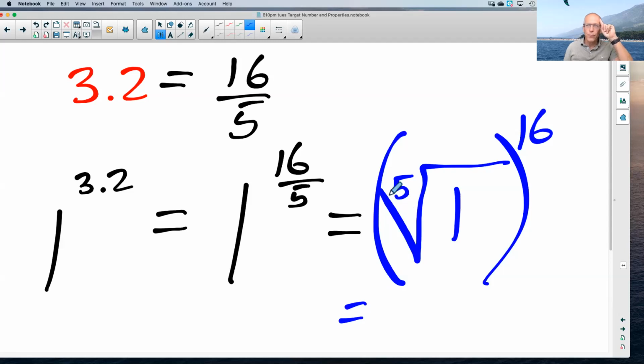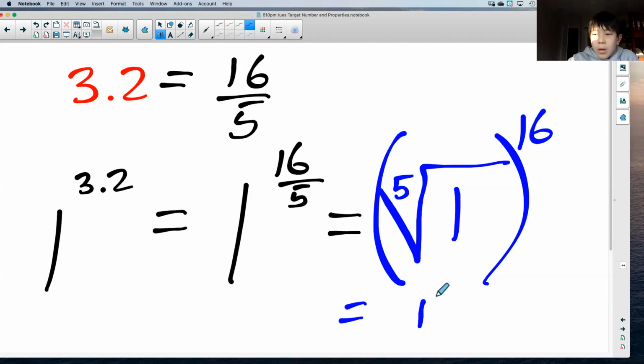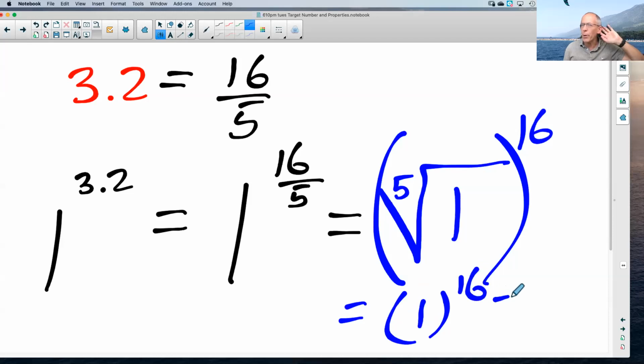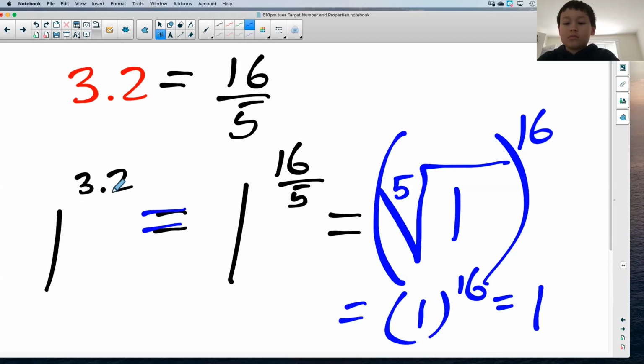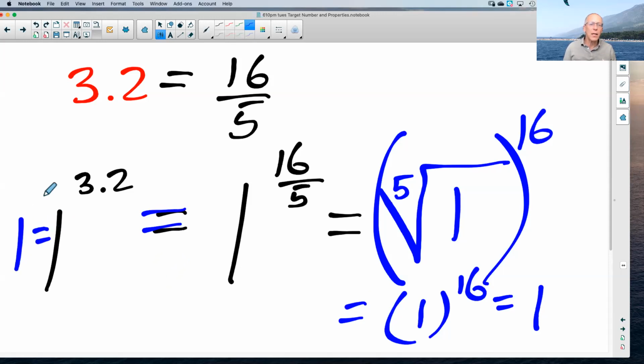The 5th root of 1, what number times itself 5 times will equal 1? Say it. 1. And what is 1 to the 16th power? 1. And that is a proof why 1 to the 3.2 equals 1. It will always equal 1.